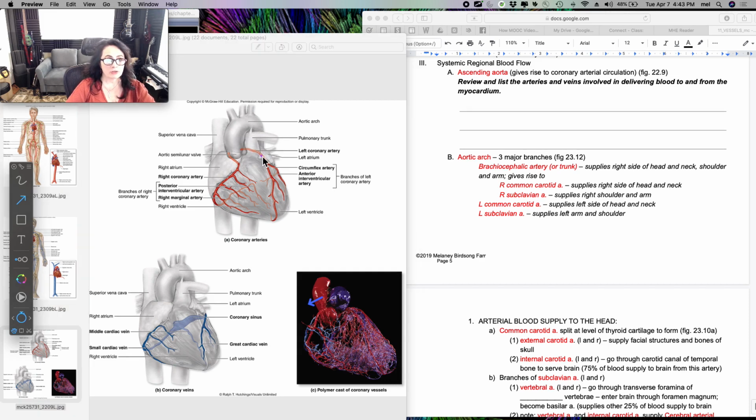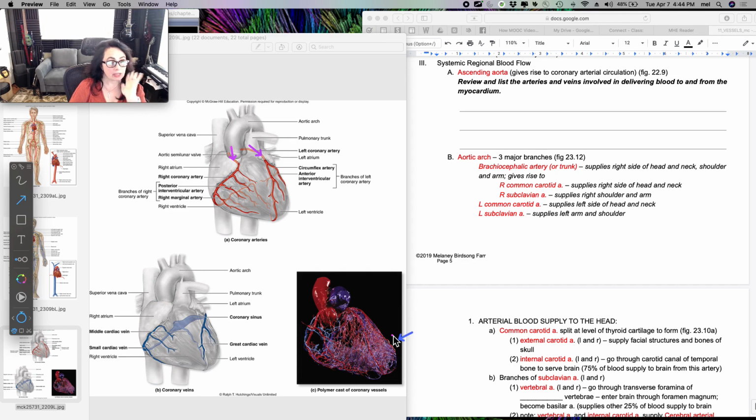So here's my left coronary artery, and it's taking blood from there to there. Here's my right coronary artery right there, taking blood from the aorta here, and then it's going to give rise to these other arteries. So these are going to deliver blood through those arteries and then arterioles and then to all of these capillaries within the heart wall itself, and then they are going to deliver oxygen and nutrients to the heart wall.